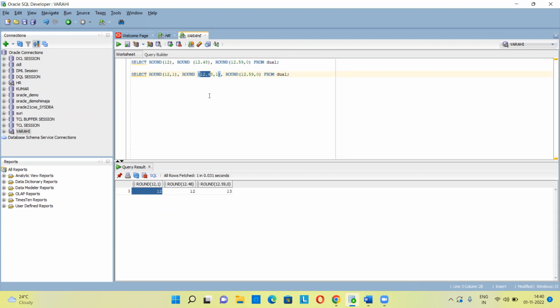Is 8 more than or equal to 5 or not? Yes, it is more than 5. If it is more than 5, then you should add number 1 to the number before 8. What is the number before 8? 4. So it will become 4 plus 1, 5. Means output will be 12.5. Let me execute. See? Is it clear?